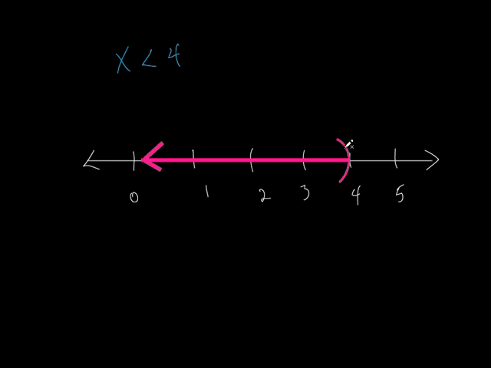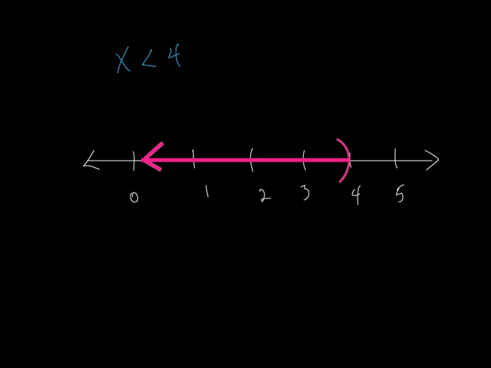Why did it change? Because they're going to show you a different way, they call it interval notation. We'll talk more about it in the next lesson. Let's just worry right now that if it's an open circle, you put a parentheses. If it was closed, you put a bracket.